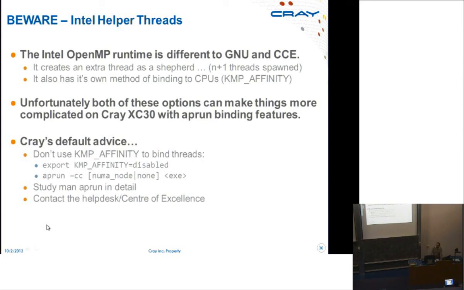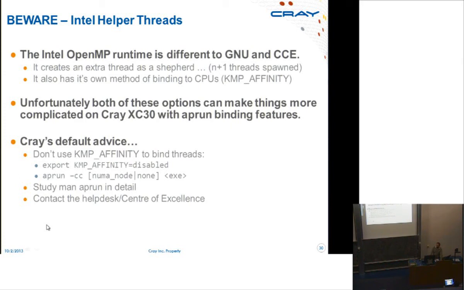Rather than just spawning the number of threads and keeping them alive, it spawns an additional thread, some kind of shepherd thread. It also has its own binding attributes, called KMP affinity, if you look through the man pages, and it will attempt to do its own binding. These interfere significantly with the way our aprun binding works, and our advice is to ignore them.